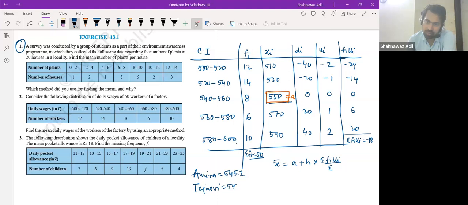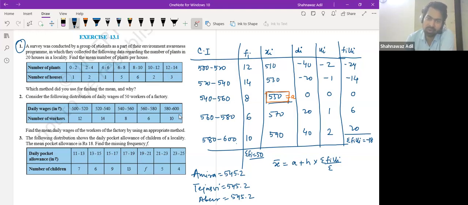Sir, I was doing it from my old reader, and the wages are given differently, so the mean I'm getting is different, 145.8. My first class interval starts from 100 to 120, and then 120 to 140, it's the old reader.